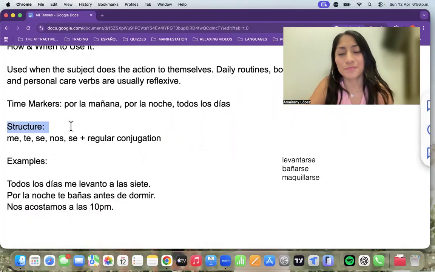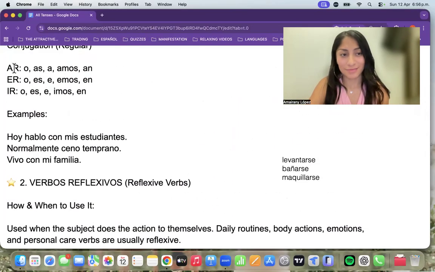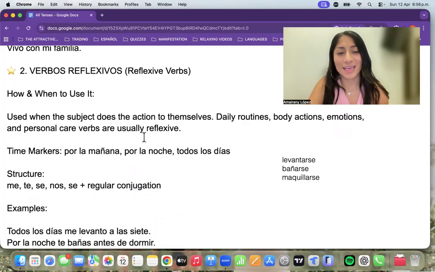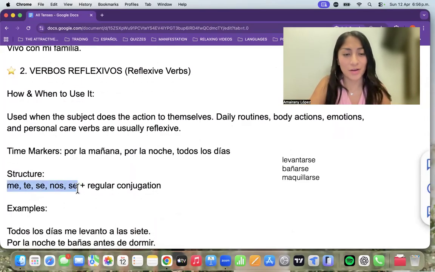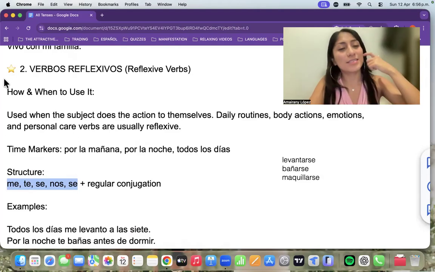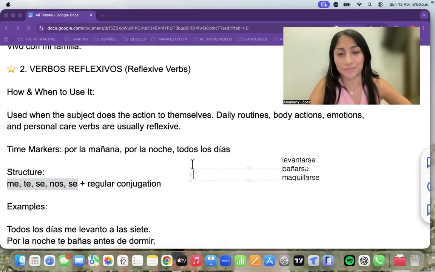Now, the structure. The structure is what we already learned, this exact thing. The only thing that we need to add to it is these guys right here at the very beginning. Okay, so remember how I said that these actions are something that you do to yourself? Well, you are going to, in a way, reaffirm that. Okay, so levantarse again means to wake oneself up.